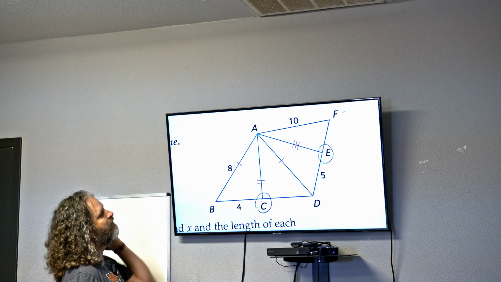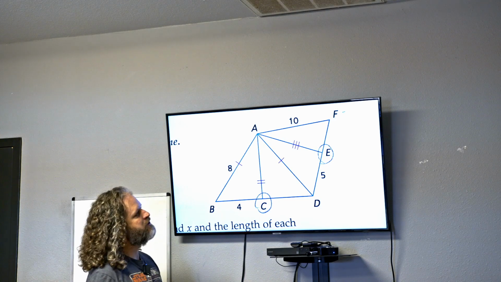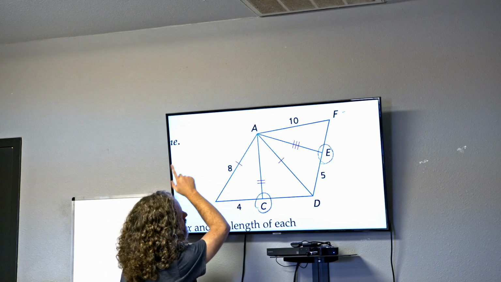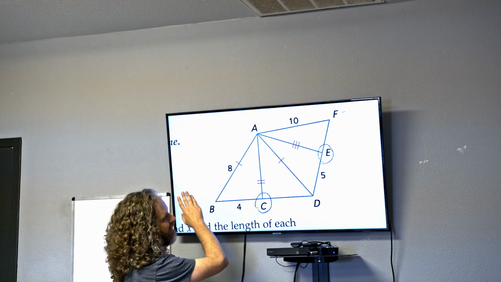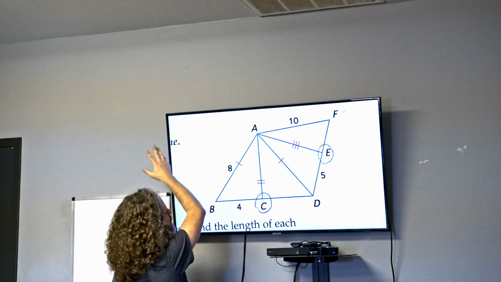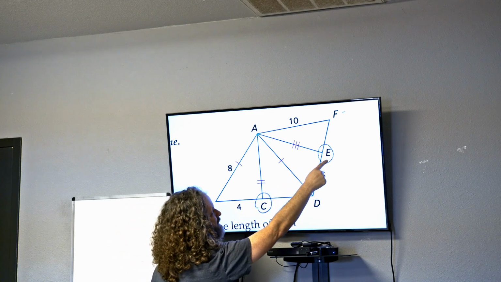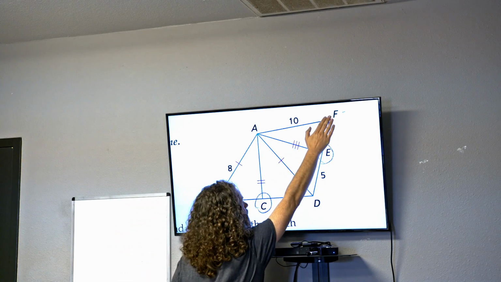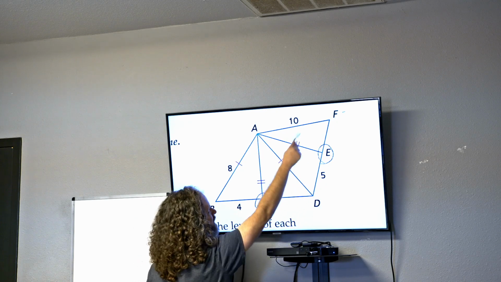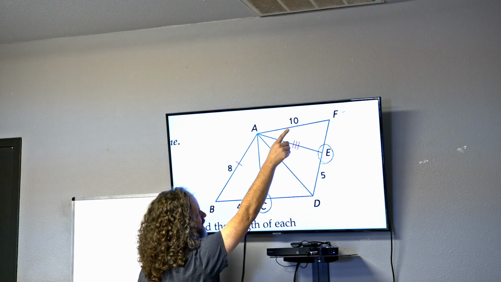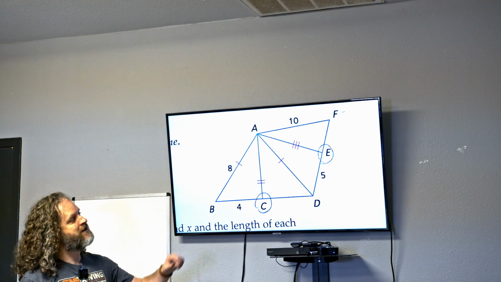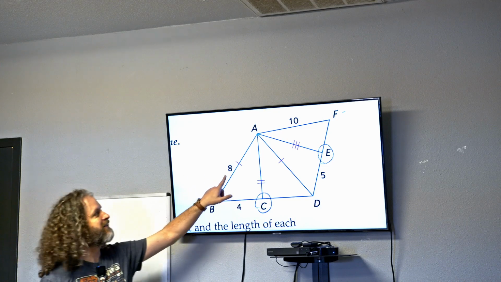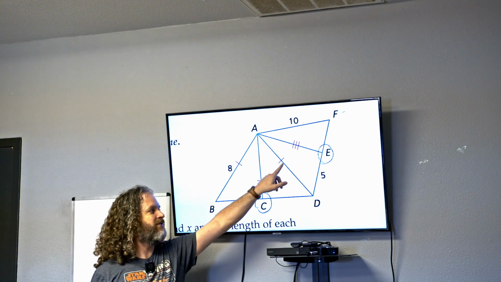But as you pointed out, we can't see it in this picture, but in the information over here, it says that E is the midpoint of FD, which means that this is 5, this is also 5, which means this whole thing is 10. So 10 and 10 makes this isosceles. And we can prove further that it's not equiangular, because this is 8 and this is 8, because of these marks.